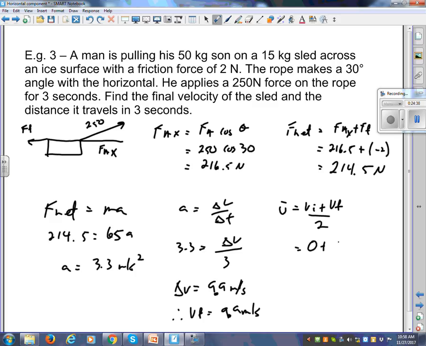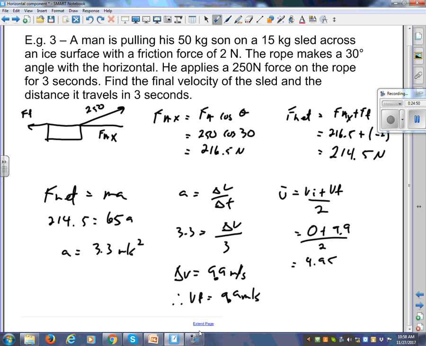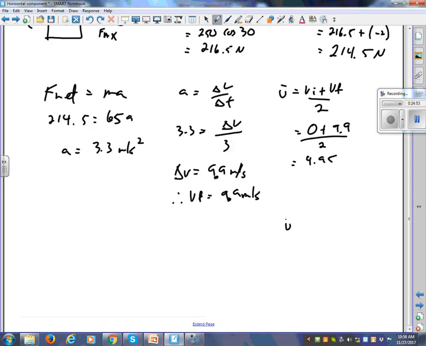At rest, final velocity 9.9 divided by 2, 4.95. And now the last step, V bar equals D over T. This is basically a big giant review of everything we've done so far.